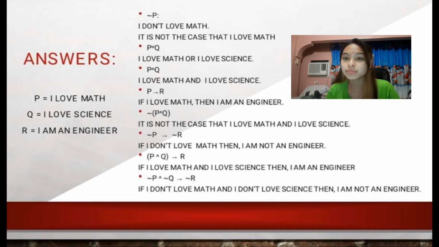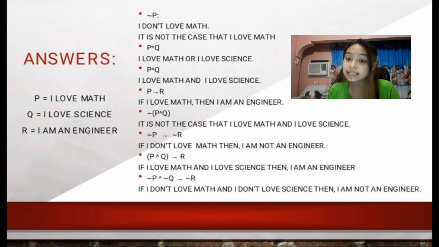The next symbol, if not P then not R. We have here the if then. First you'll substitute the not P and not R. Not P is the negation, so I don't love math.